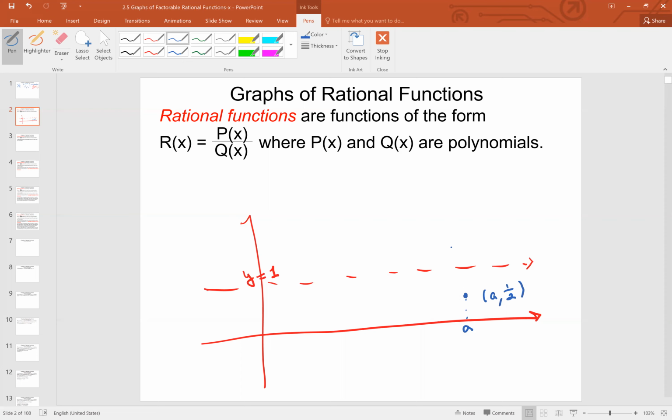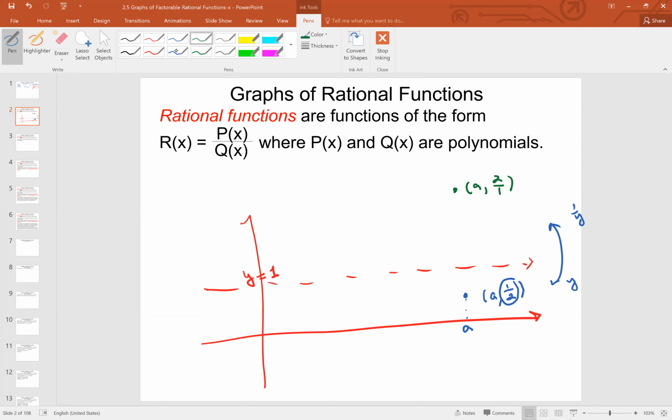What's the corresponding position if I flip y into its reciprocal, y into 1 over y? If it's 1/2, then it's going to become 2. It's the reciprocal point, with the same x coordinate, but the y coordinate is going to be 2 over 1, above y equal to 1.